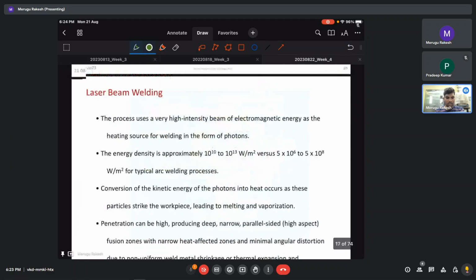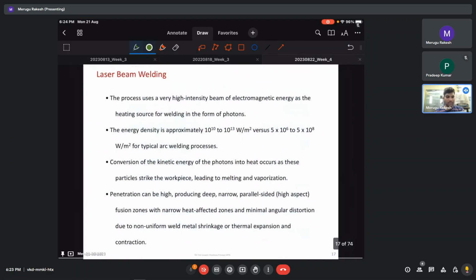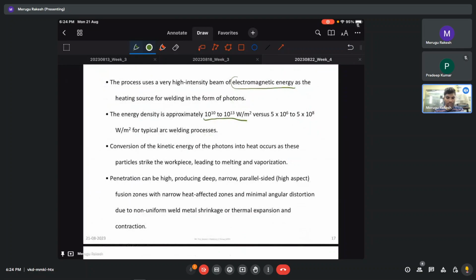So let us see different aspects of laser beam welding. Here we are going to use a very high intensity beam of electromagnetic energy, in the form of photons, as the heating source for welding. Here also the heat energy density is very high, similar to electron beam welding. The conversion of kinetic energy of the photons into heat occurs as these particles strike the workpiece, leading to melting and vaporization, very similar to electron beam welding.